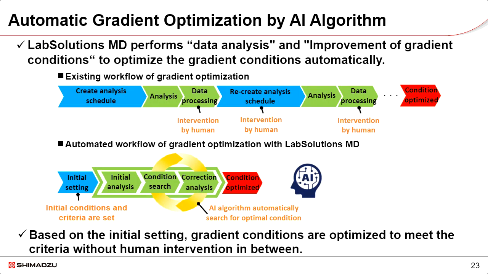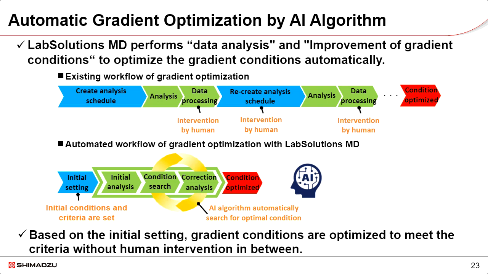Rather than engaging in the old way of doing gradient optimization, where a user has to first create an analysis schedule, collect the data, then review the data, and then update all of the methods within the analysis schedule, re-perform the analysis, and then evaluate the data again and continue this cycle until they have reached the optimal conditions, the built-in algorithm within LabSolutions MD performs that data analysis and improvement of the gradient conditions automatically.